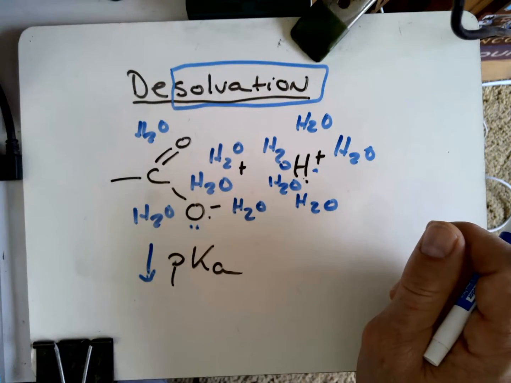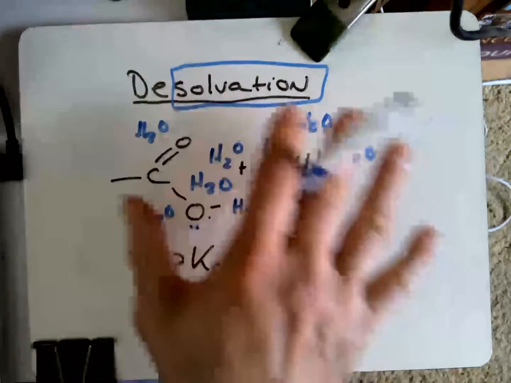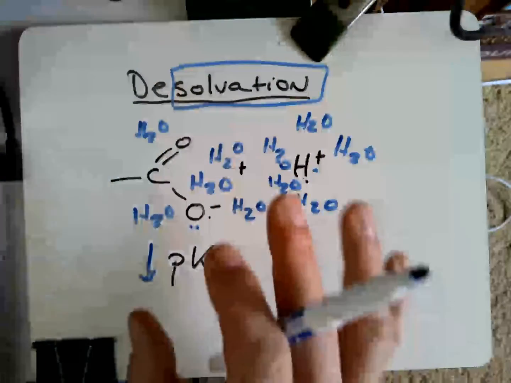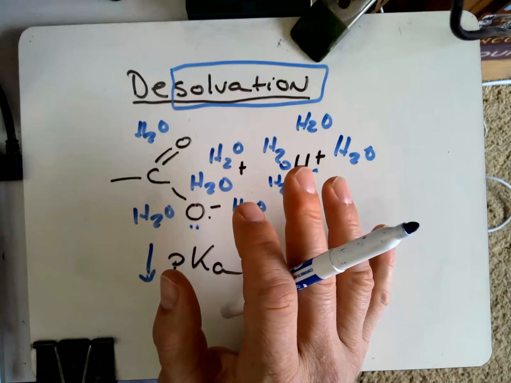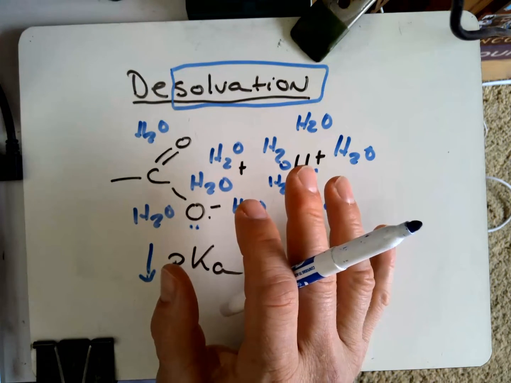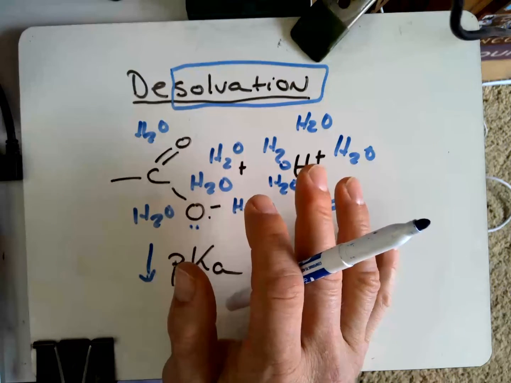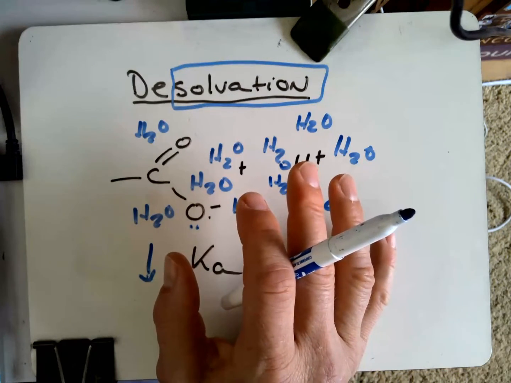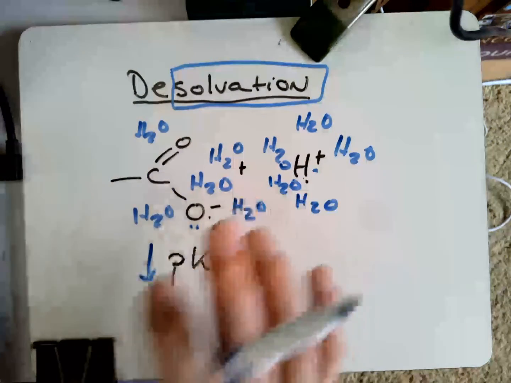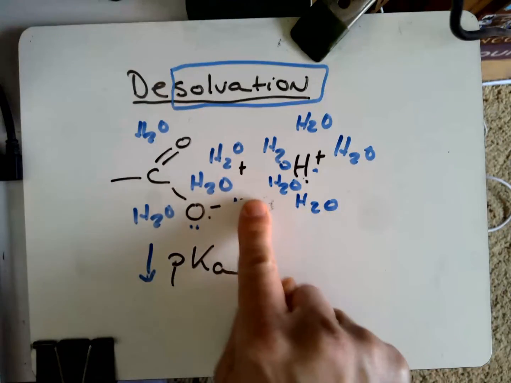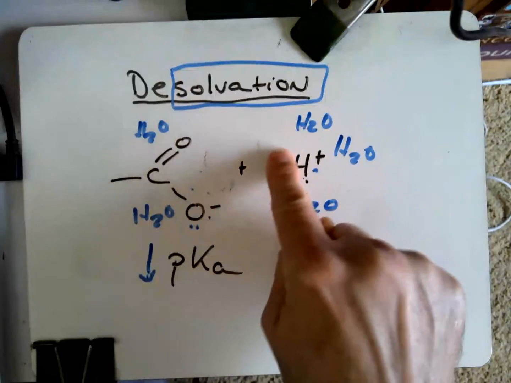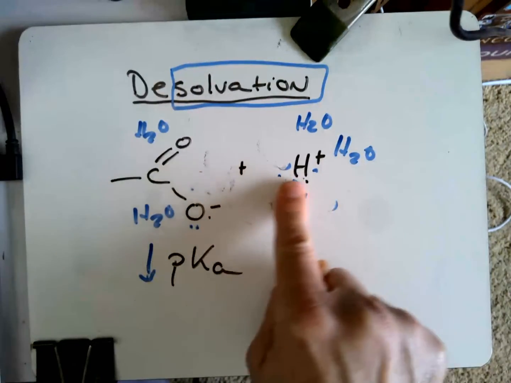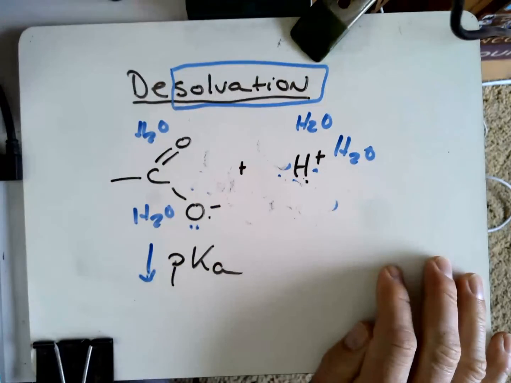Which means if we desolvate, and that's the important thing, scientists have such control over the microenvironment of the active site of the enzyme that they are building, they can do things such that they are desolvating, or removing water molecules from, the active site of that enzyme.